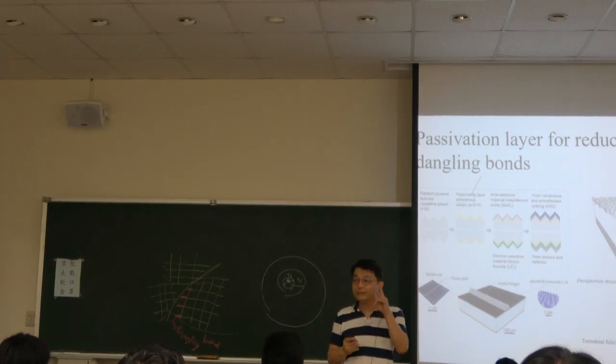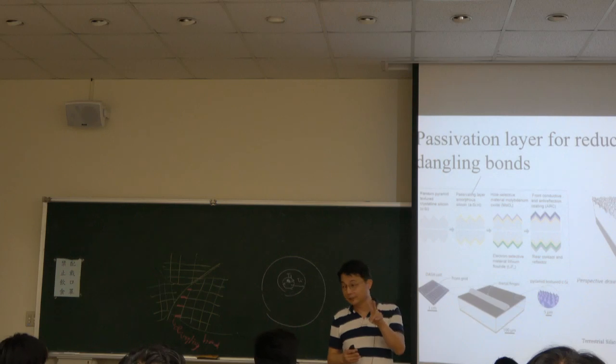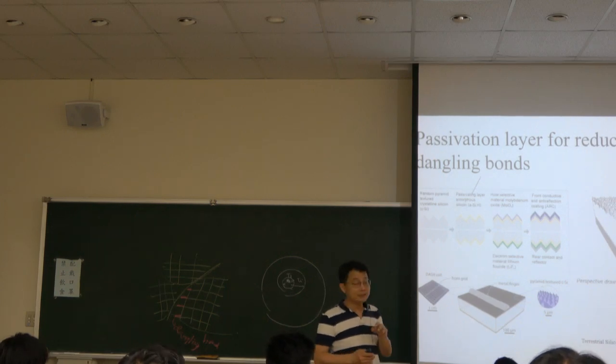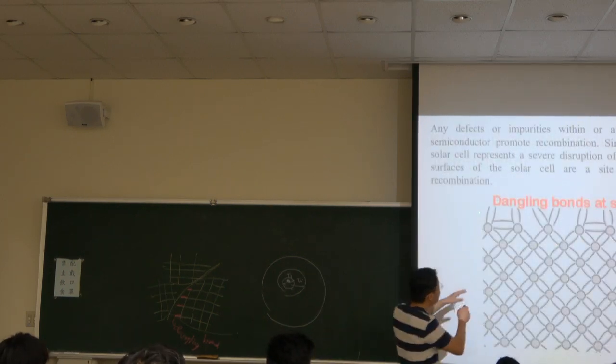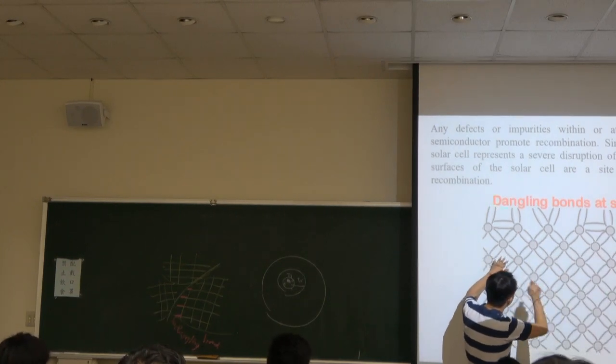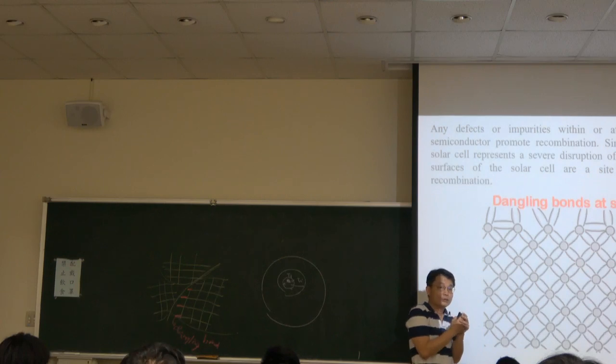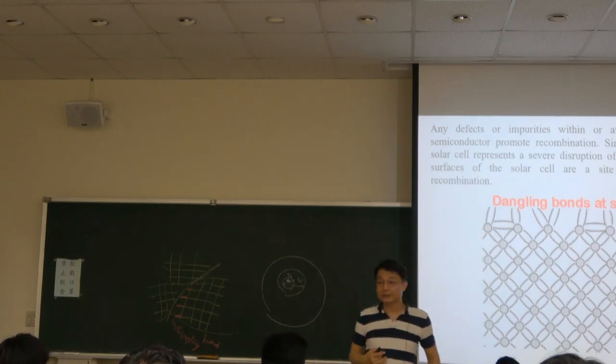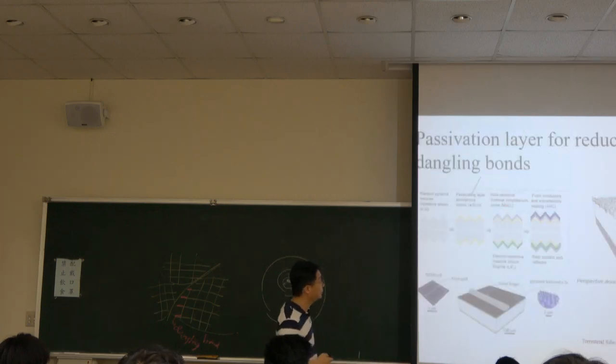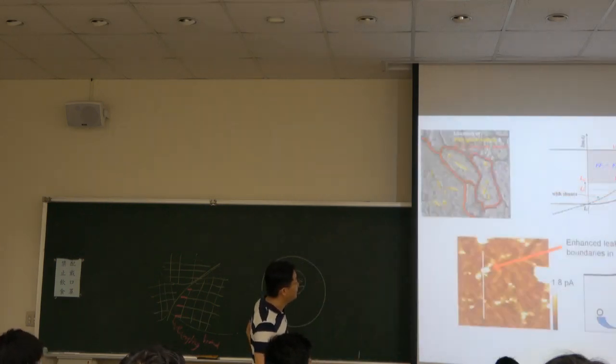Understand? There's a bifunctionality, which means that you can cover the dangling bond on the surface, and also you can use this layer as an anti-reflection layer.